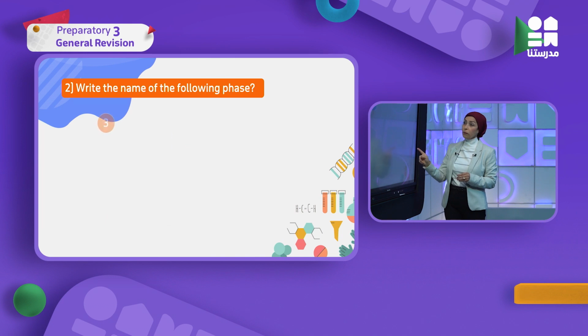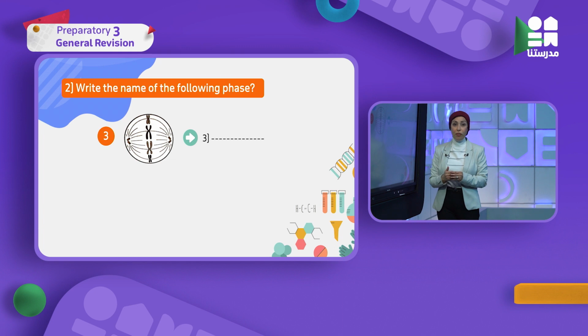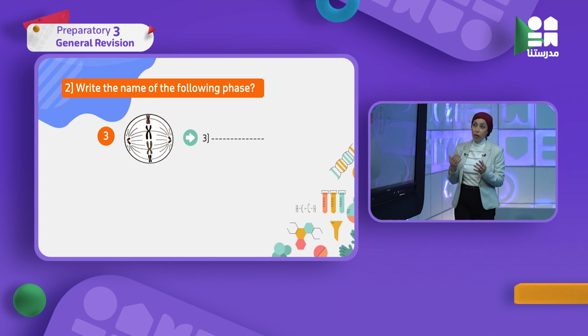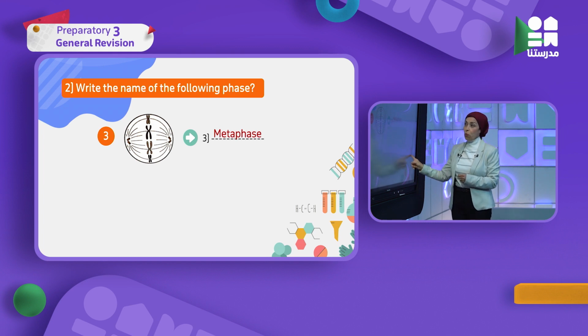Next figure. Here I have one of the phases of cell division in which the chromosomes are arranged at the equator. So which one? Of course you know it's a metaphase. Let's move to the other one.